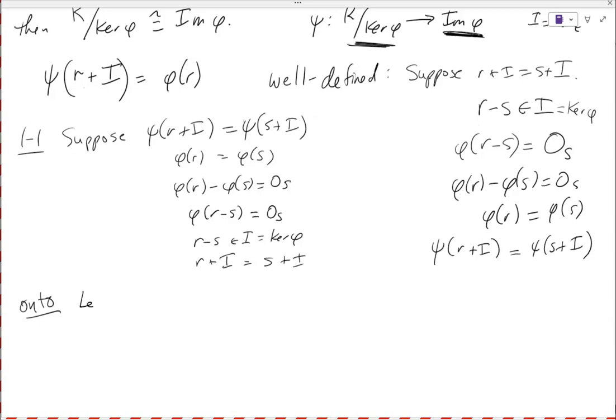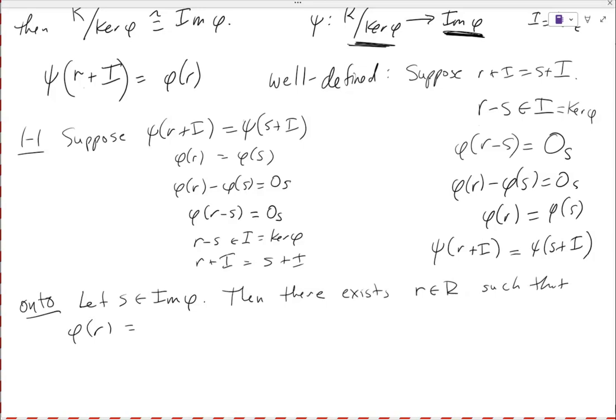So if we let S be in the image, what does it mean to be in the image? Yep. So there exists something in R such that phi of R equals S, right? It is an output of phi. That's what it means to be in the image of phi, right? There's something you can plug in to get S out.